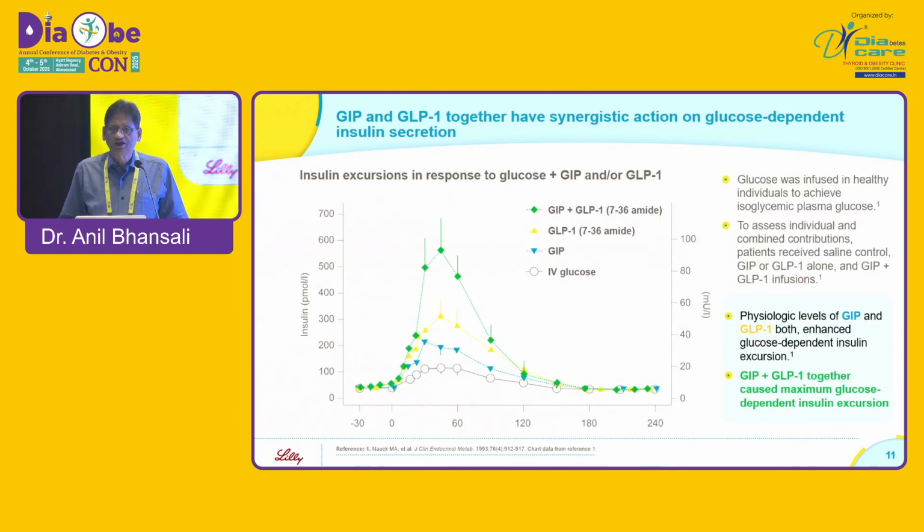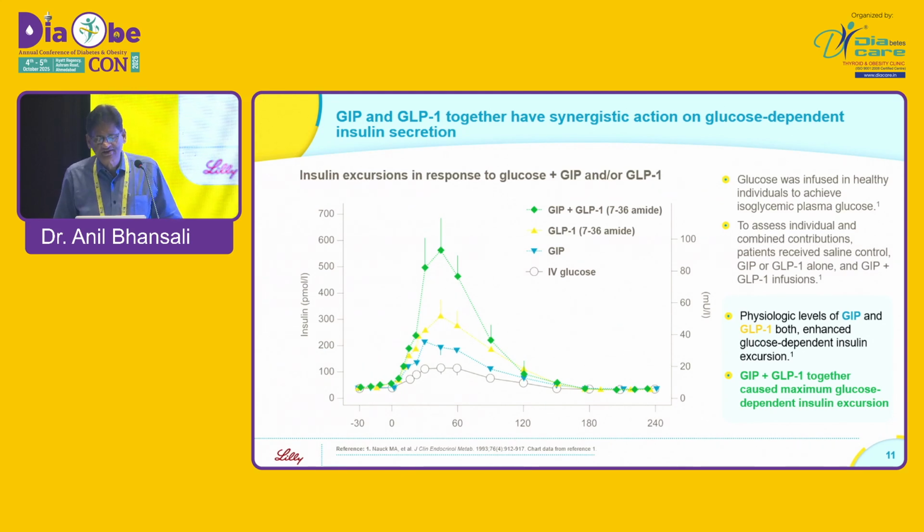Both GIP and GLP-1, as I mentioned, act synergistically on the beta cells to stimulate insulin secretion. You can see that when GIP and GLP-1 are given together, the diamond shape in green, that is the highest response, as opposed to GLP-1 and GIP individually infused, where the response is lesser.